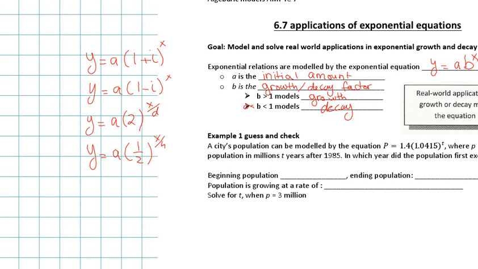But keep in mind that these are the formulas that you're going to see or use. So the doubling is going to be a growth, right? Because the base is greater than 1. And then the half-life is going to be the decay, right? Because the base is between 0 and 1.